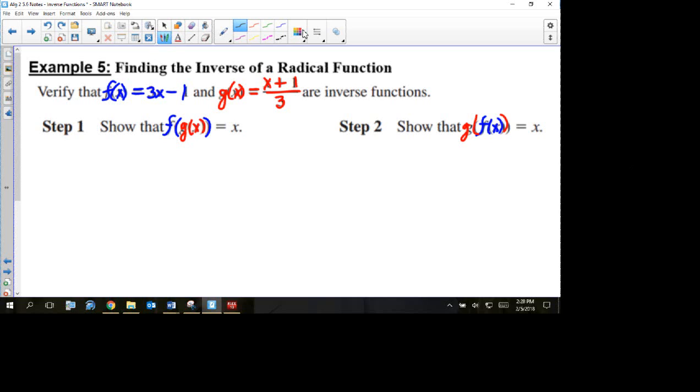Okay, get back to it. Let's do it. If you need to stand up to make yourself pay attention, you can. If you need to do this one, that's fine.